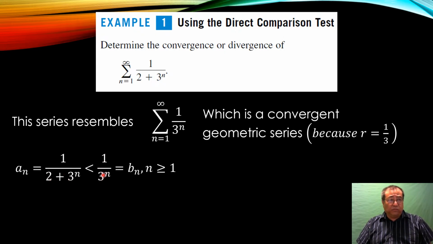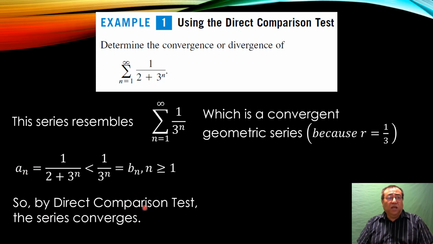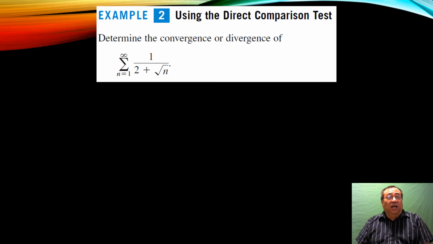So if this is the regular fraction and you add 2 here, it makes this fraction smaller. So we have the condition where a sub n is smaller than b sub n. So by the direct comparison test, this series converges. I thought I said diverges. That was my pause. I misread my own thing. All right, anyways.